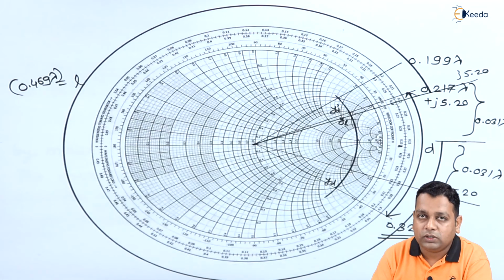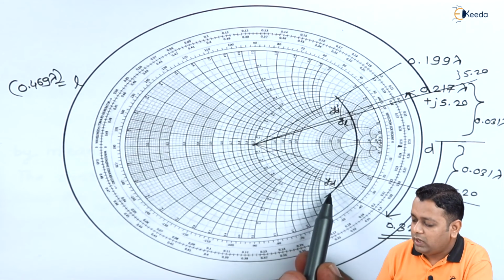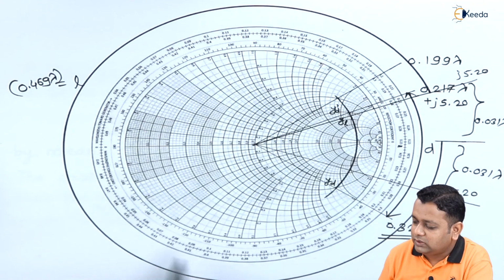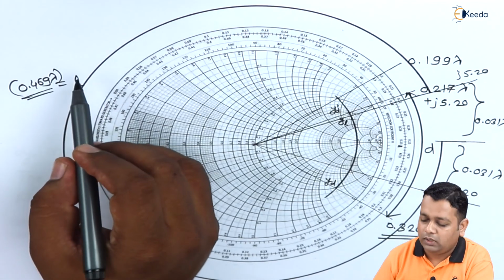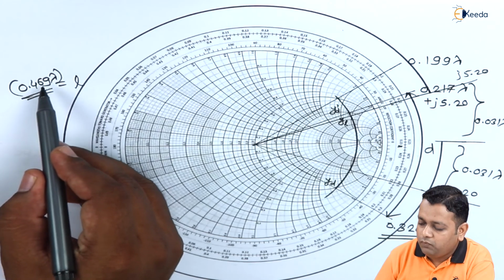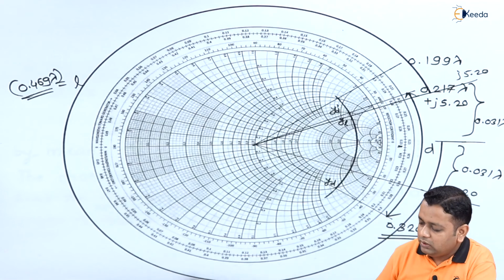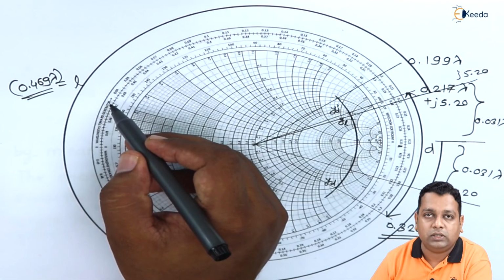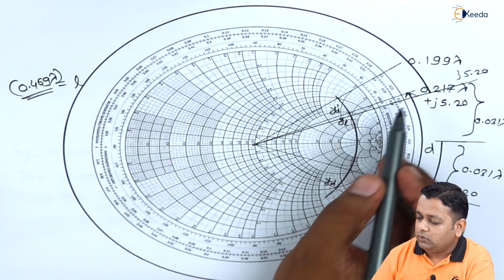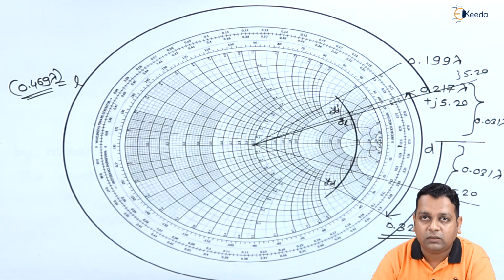In this particular Smith chart, the position of the stub is shown with y suffix d, and it has been adjusted so that the length of the stub will be at 0.469 times lambda, shown in this particular direction, that is wavelength towards the generator here. So this completes our problem with respect to single stub matching with the help of the Smith chart here.